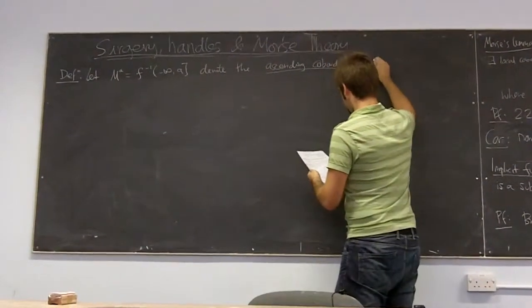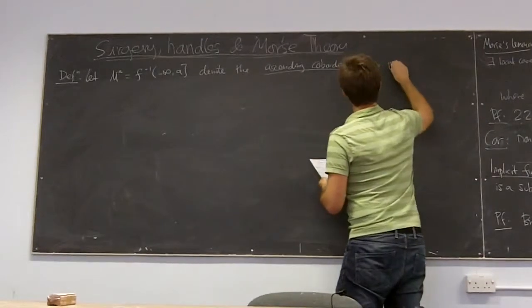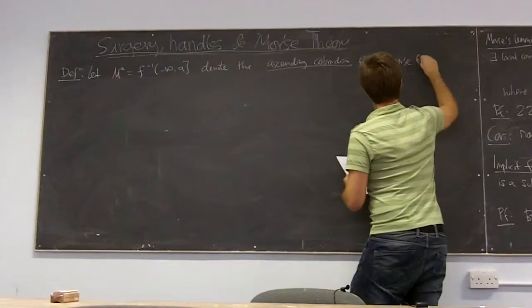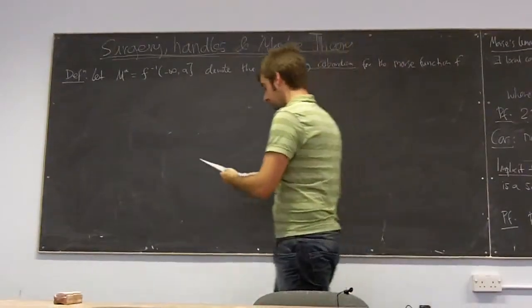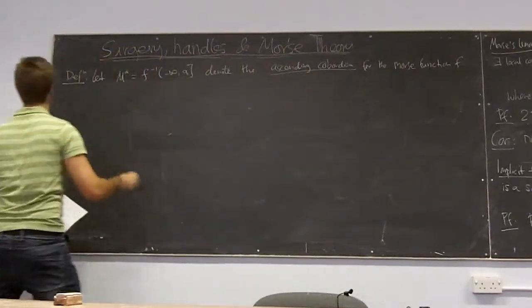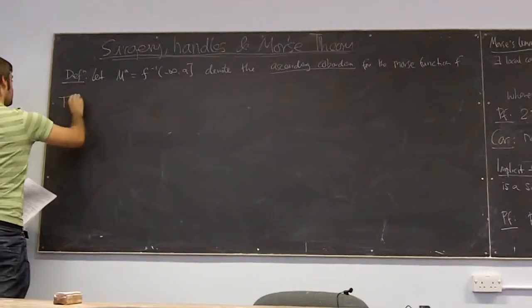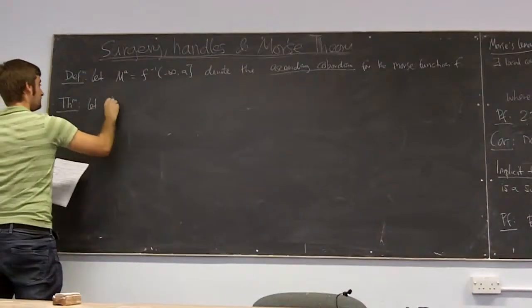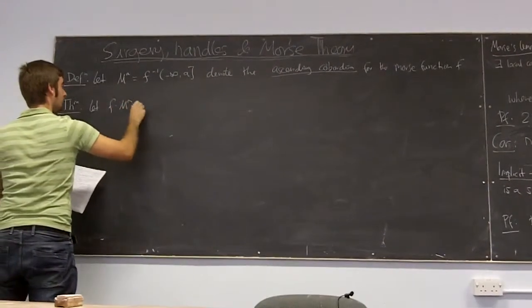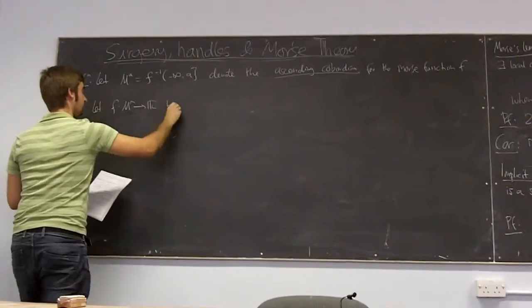So this is for the Morse function. Okay. So theorem. So take a smooth function.